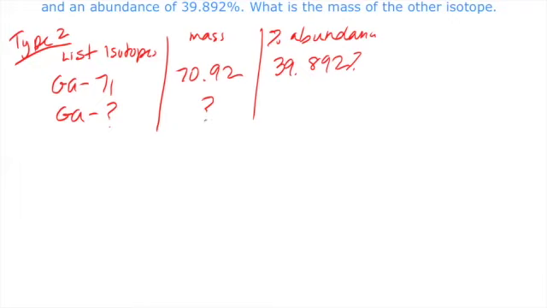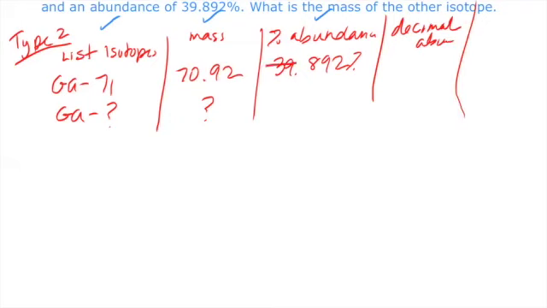And so at first it looks like there's a lot of stuff missing here, because when we did the type 1 problems, we had this whole column filled in, and we had the mass column filled in, and we had the percent abundances, and then we could change those to the decimal abundances. And if you remember, we just multiplied.